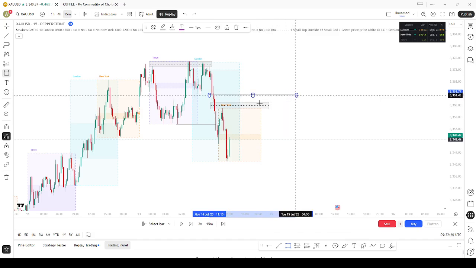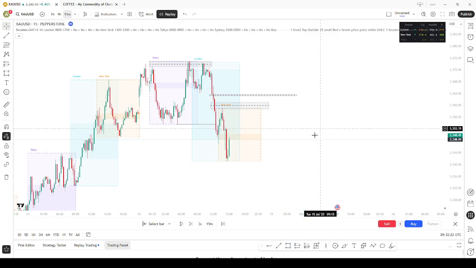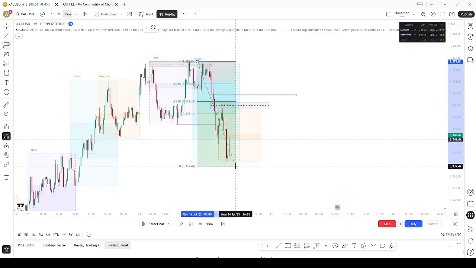What most people tend to do wrong is that an imbalance is like a space between 3 consecutive candles. You get it? You realize that from the first candle, second, and the third, the imbalance was there. Even here on the fourth one, but it was not much. And they're all valid because they are above the 50%.